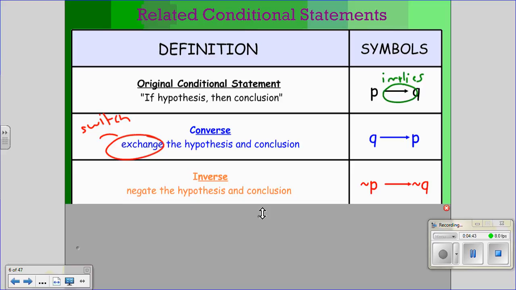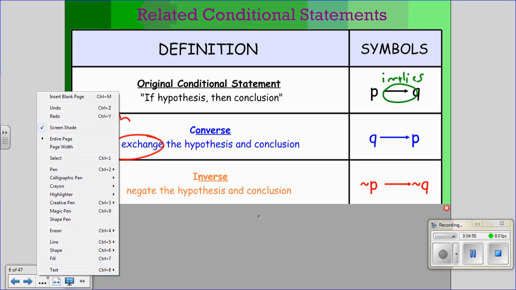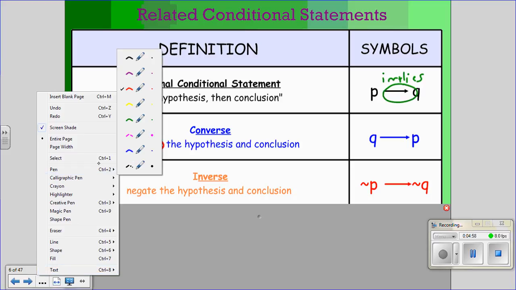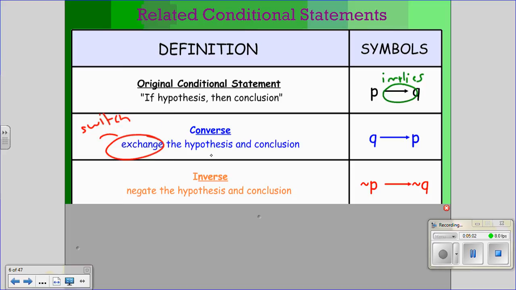We have an inverse statement. An inverse statement is when you negate the hypothesis and the conclusion. When it says negate, well, look at the word inverse. The prefix in usually means not, or some relation to the word not.